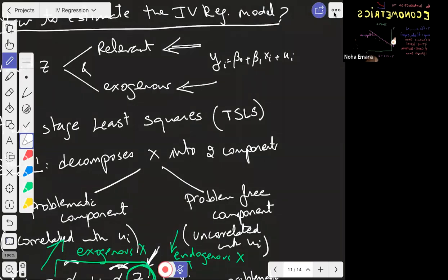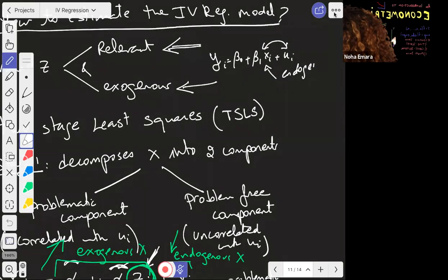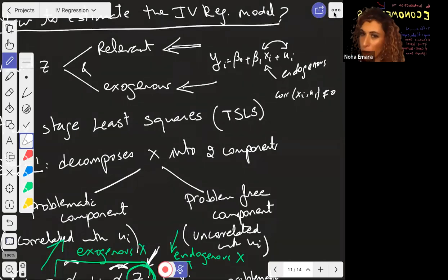And our problem was the connection between the error term and the x. Okay, so whenever I have this connection between the error term and the x, we call it x being endogenous. Okay, so endogeneity problem. So X is being endogenous, or you can call it endogeneity problem, because of the connection between the xi and ui that is not equal to 0. So there is some connection between the two.